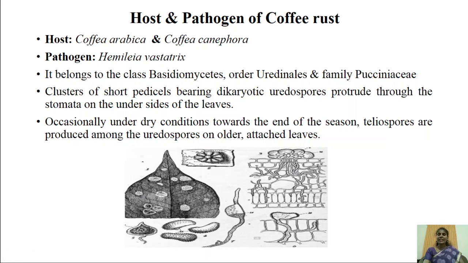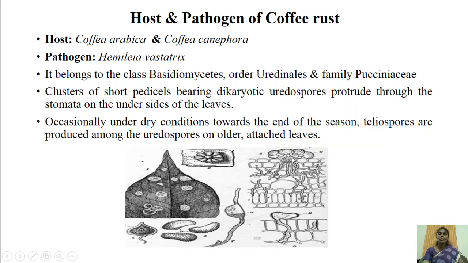Occasionally, under dry conditions, I mean to say when there is no rainy season, towards the end of the season, another type of spores called teliospores are produced among the uredospores on older attached leaves. Here we can observe the leaf with the symptoms, where on the undersurface of the leaf we can observe a number of uredospores produced in clusters.